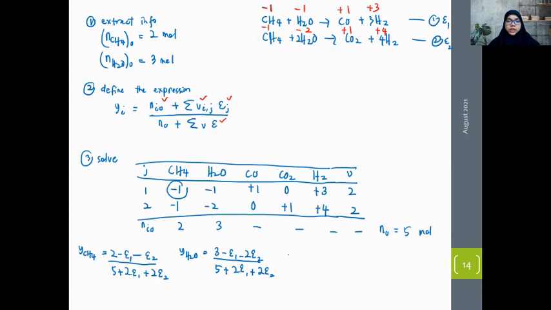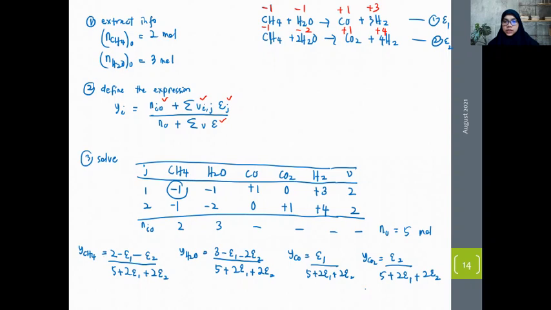How about the mole fraction for CO? You may refer to this line. Since the initial amount is not given, you may neglect it. So we have only the second reaction coordinate over 5 plus the same denominator. And then y_CO2 equals the first reaction coordinate, over 5 plus 2 plus 2.